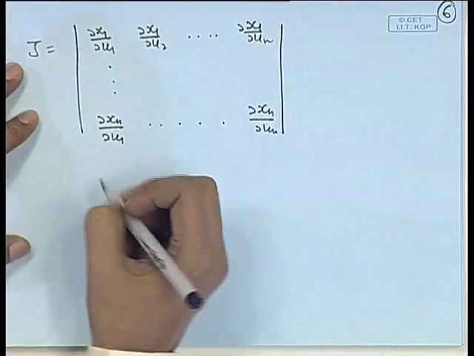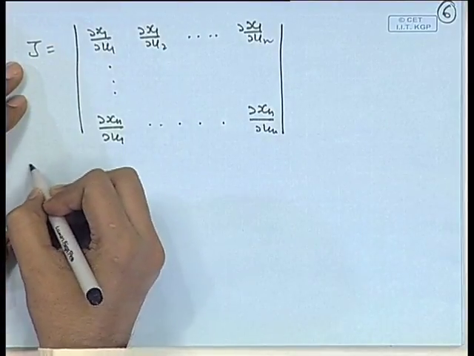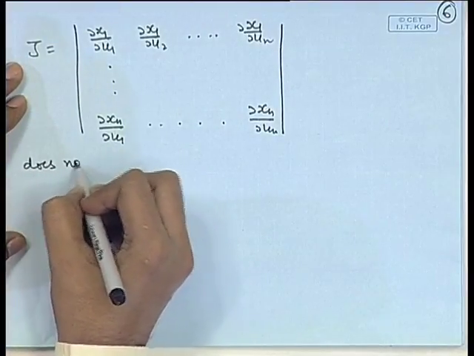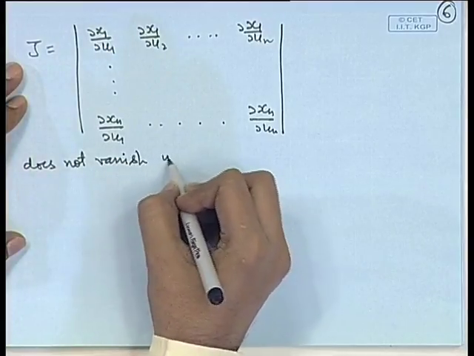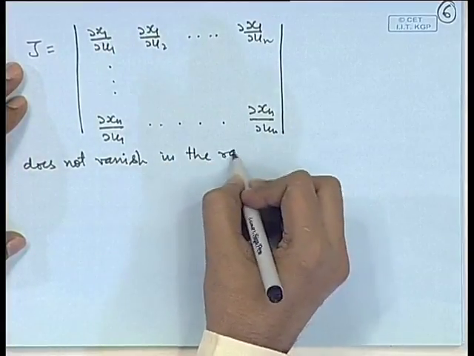Assume that this Jacobian does not vanish in the range of transformation.